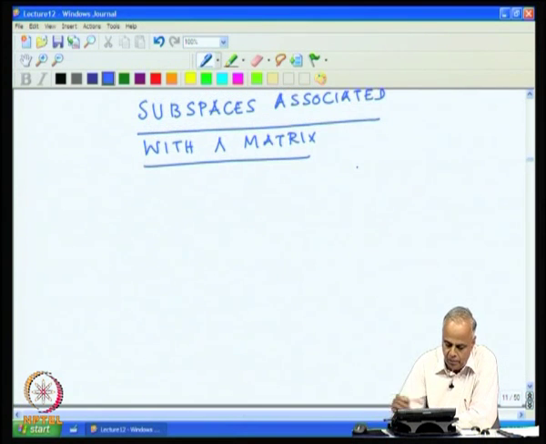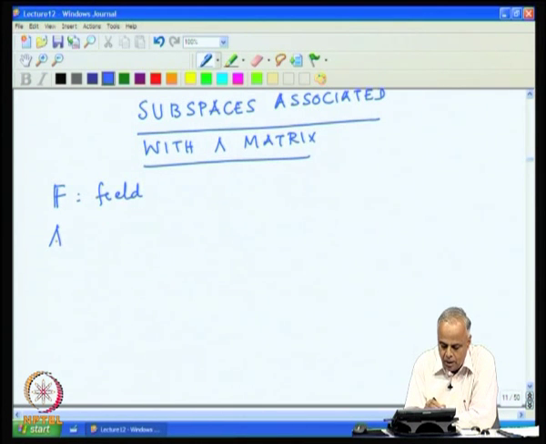So, we begin with F be a field and we look at a matrix A which is m cross n.